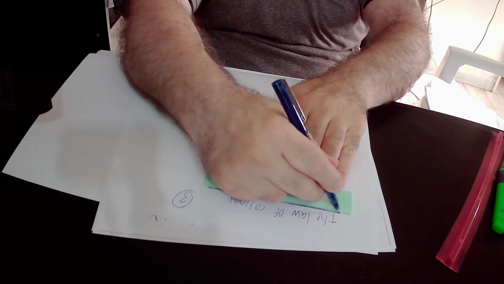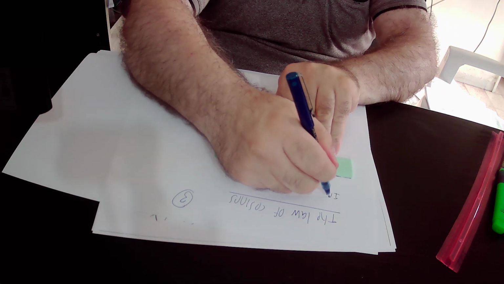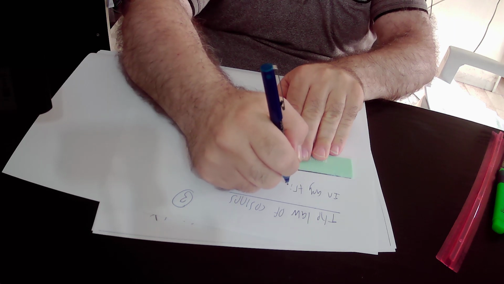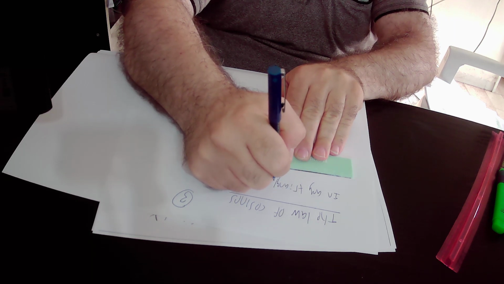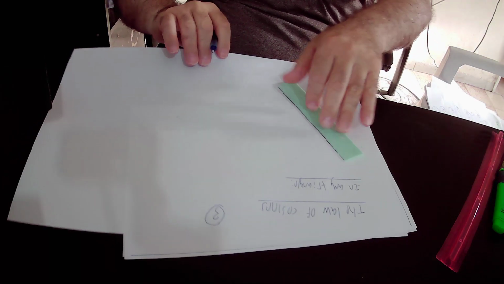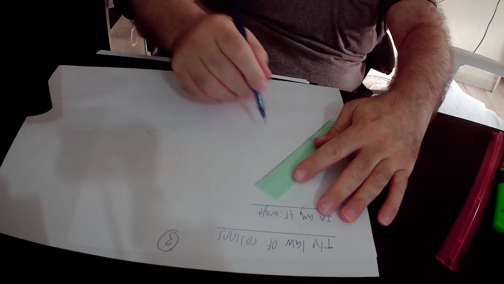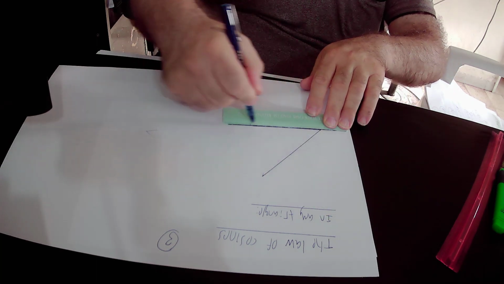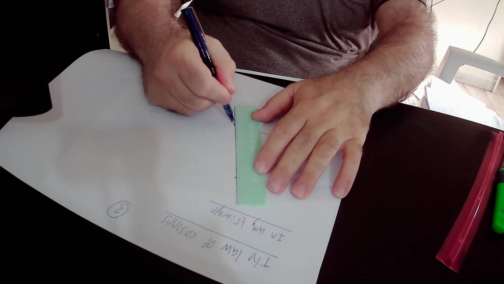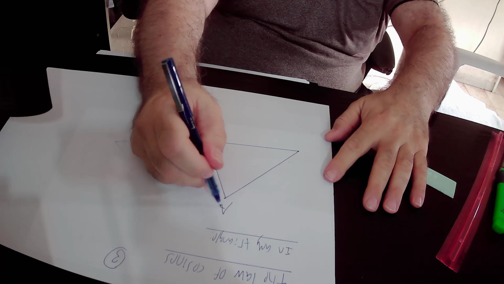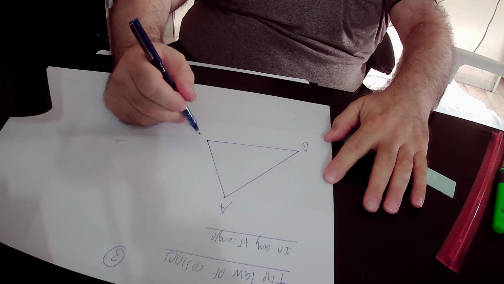So you can write down that in any triangle, so here, this triangle ABC could be any triangle.